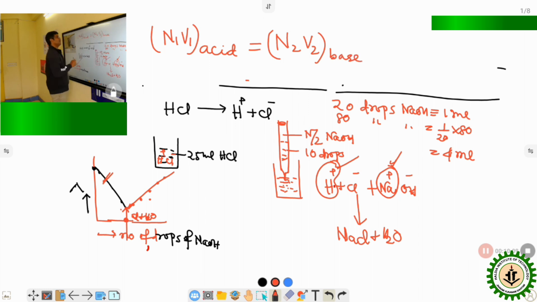Where N1 is the normality of the acid that is required to be determined, and V1 is the volume of the acid that we have taken. 25 ml of the initial solution we have taken here. N2 is the strength of NaOH that we have taken, N by 2 normality of NaOH, and V2 is the volume from this graph. Say here 4 ml is the volume of NaOH required for neutralization.